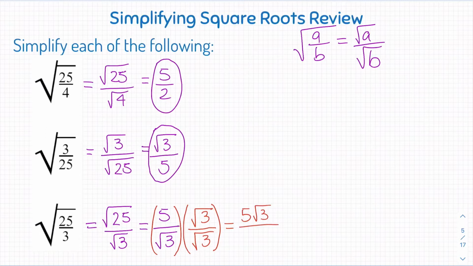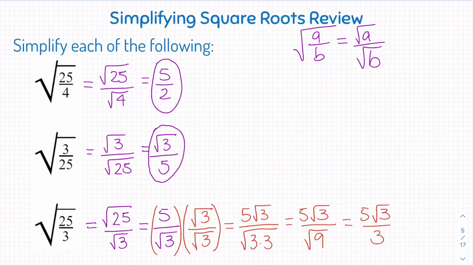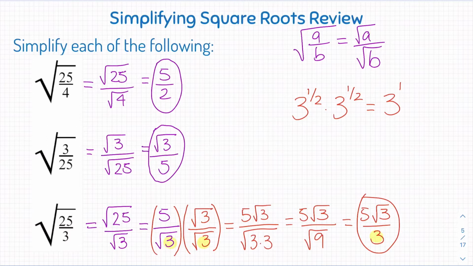And radical 3 times radical 3 is really radical 9. So we get 5 radical 3 over 3. Notice radical 3 times radical 3 is just 3. Another way you could prove this is using properties we learned earlier this year. It's really like 3 to the 1/2 times 3 to the 1/2 is 3 to the first. Any strategy you use, you end up with 3 in the denominator.